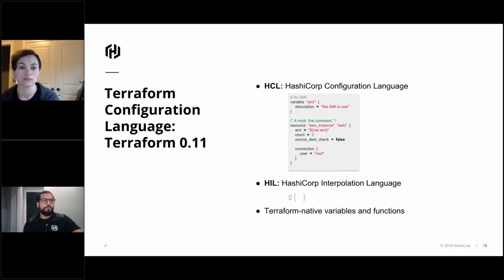HIL is the HashiCorp interpolation language, the string interpolation language, that lets us embed expressions into HCL strings. And that's where you're going to be used to seeing the $, curly brackets wrapped in quotations notation, plus some Terraform native variables and functions.